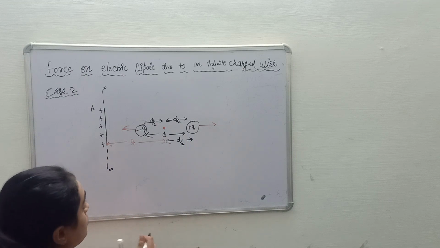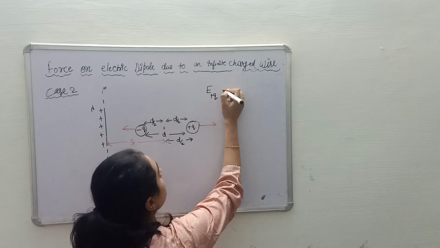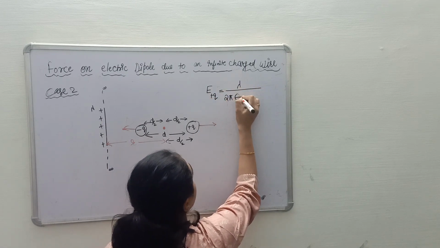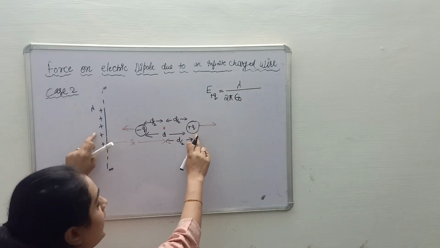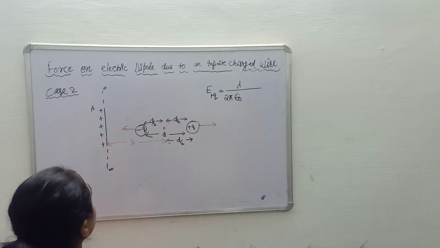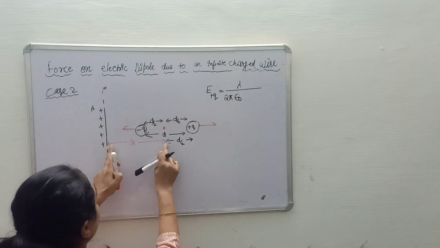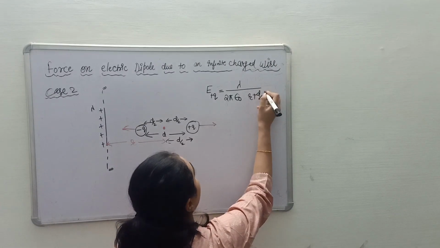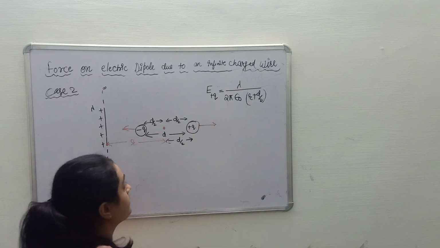So what will be the electric field at the positive q charge? It is lambda by 2 pi epsilon naught times the distance between the charge and the wire, which is the sum of these two distances, r plus d by 2, and the direction will be the positive x-axis.